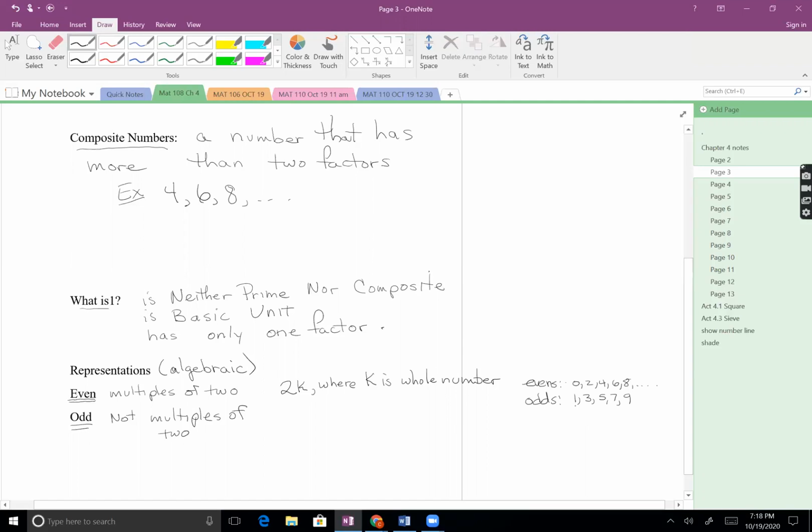Going this way they add by 2, but if I compare each even to an odd, aren't the odd numbers 1 more than the even numbers? And so the way we represent odd numbers is 2k plus 1. 1 more than an even number is odd.